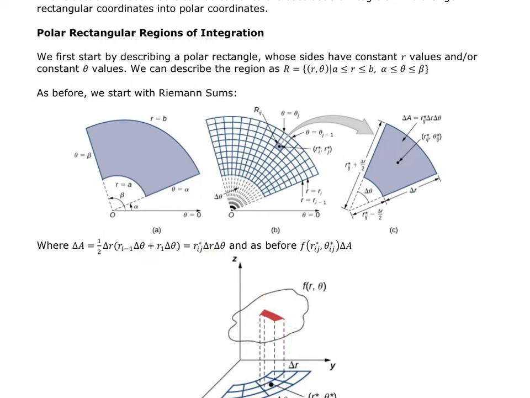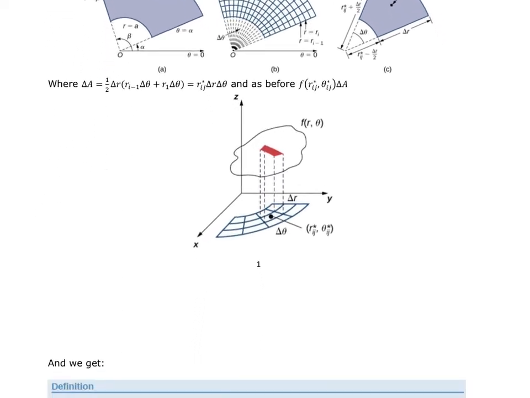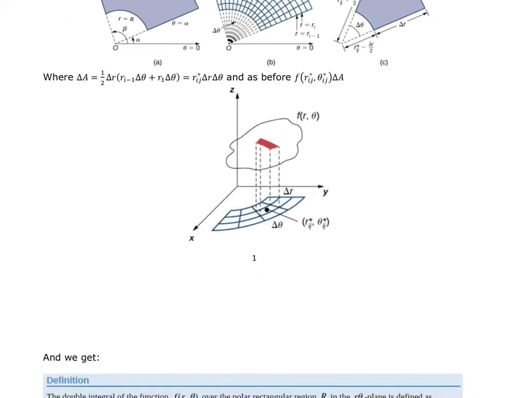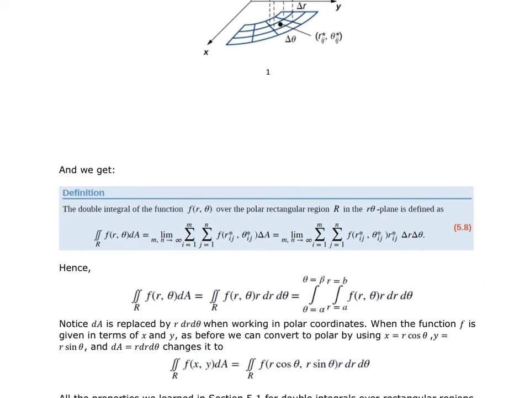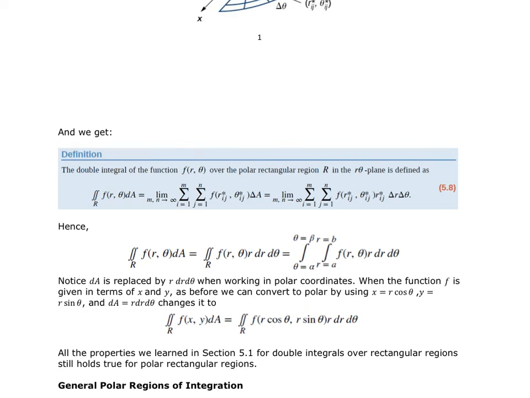And as before in rectangular or Cartesian, we are looking at this area and this height. So of course the height will be a function of r. And we get our double Riemann sums.